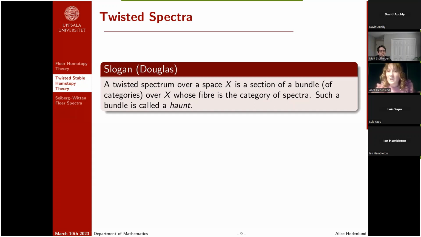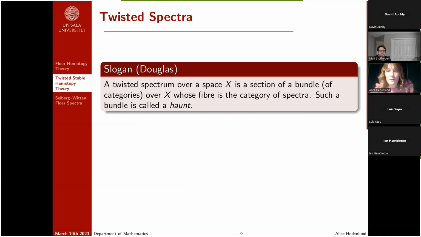There are different ways of rigorously making sense of this. You could look at a more algebraic geometric definition where you're working with sheaves of categories over the space X. Or you can consider, with more homotopy theory, a local system of categories.